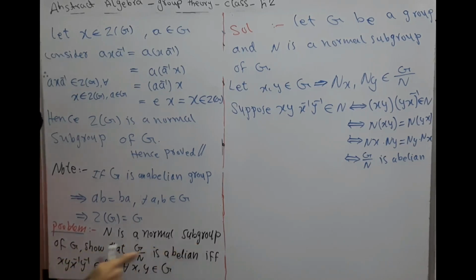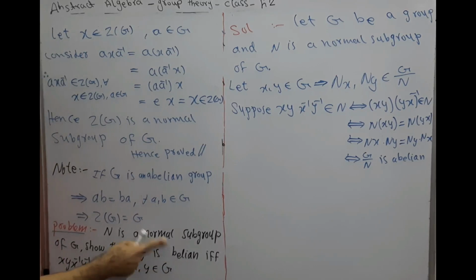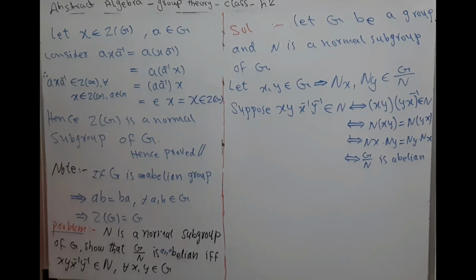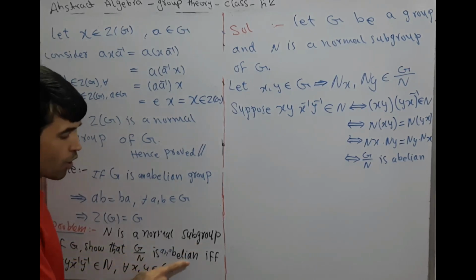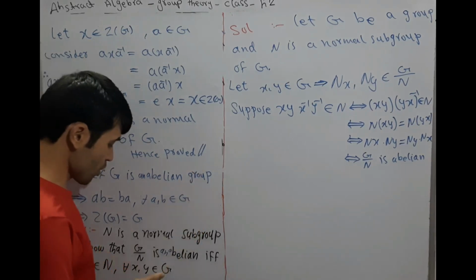N is a normal subgroup of G. Show that G by N, a quotient group, is an abelian group if and only if x into y into x inverse into y inverse belongs to N for all x, y belongs to G.